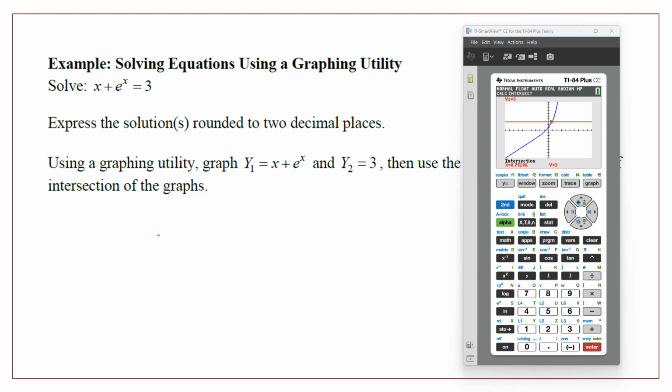So x equals 0.79206. That is the solution to our equation. So as you are solving these equations, you can always check your solution by entering your equation into your graphing utility. All right, great. And that concludes section 4.6.